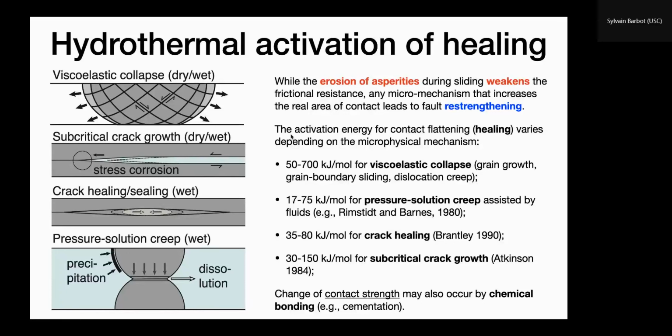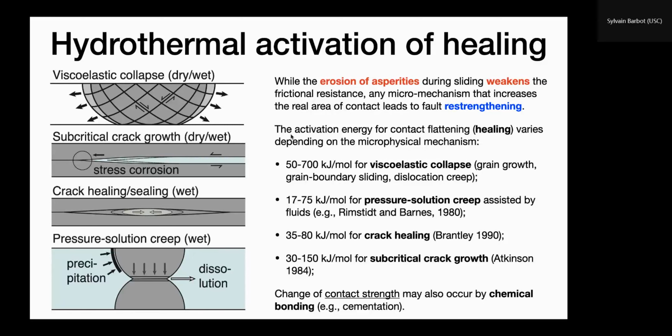So all of these mechanisms can actually participate in fault zones, in gouge layers, etc. So we have different mechanisms in dry and wet conditions that can deform these asperities and flatten them. And if they flatten, that increases the area of contact and strengthens the frictional resistance of the whole contact overall.